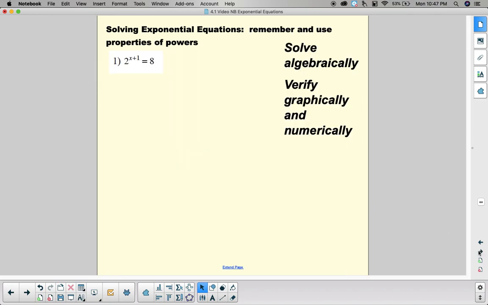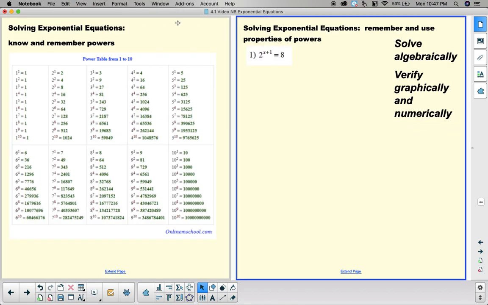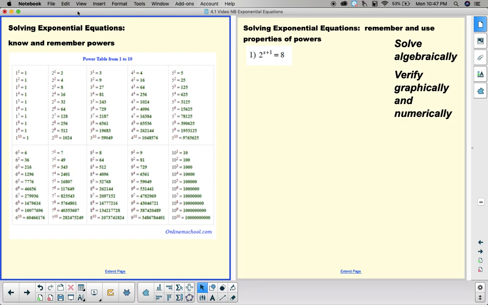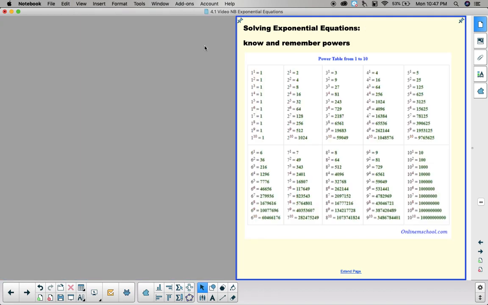But let's solve an equation algebraically. So here we have 2 to the x plus 1 is equal to 8. And we want to get the bases on the left-hand side and the right-hand side of the equation to be the same. I'm going to turn on my dual page display, and I'm going to freeze this one, pin page. There we go.